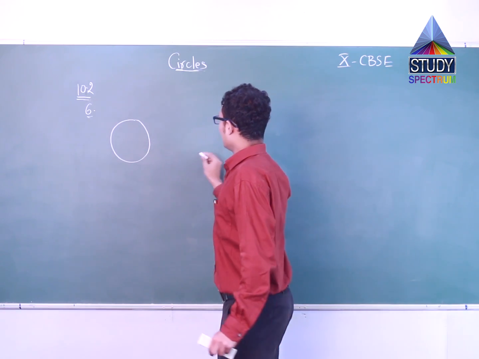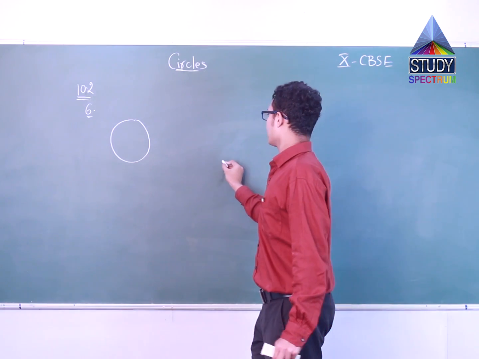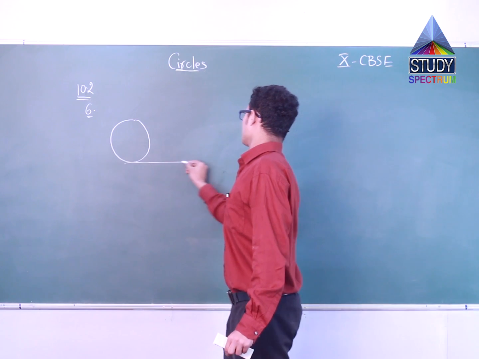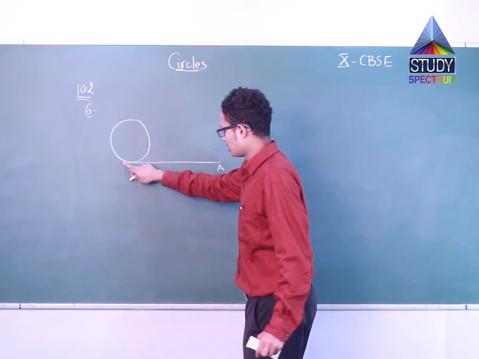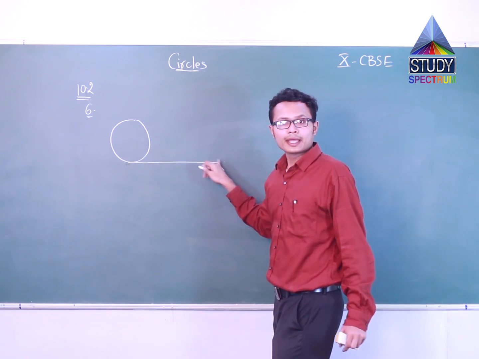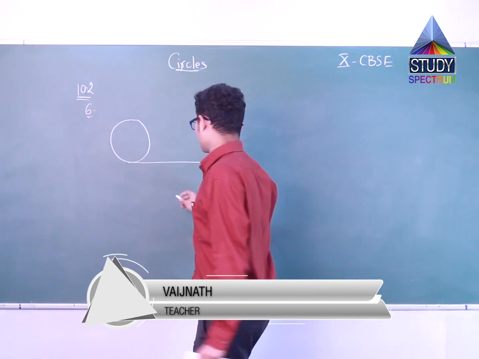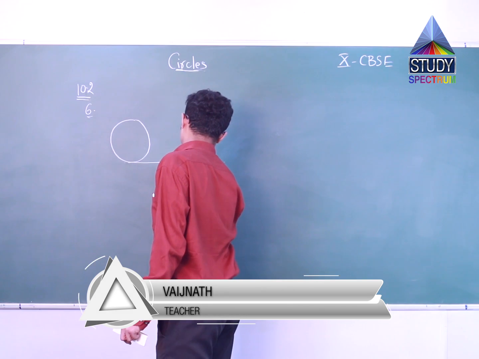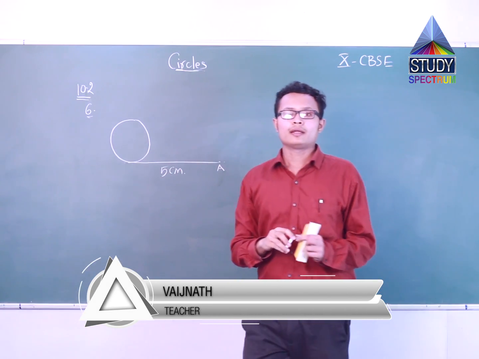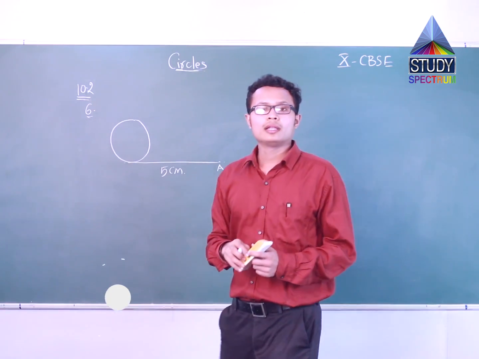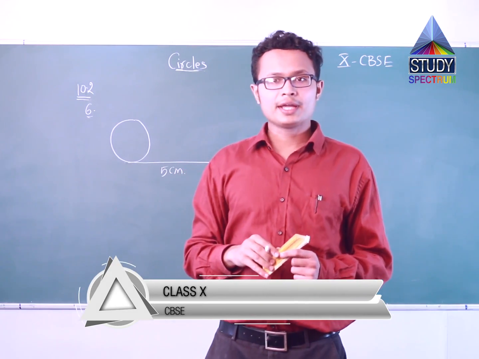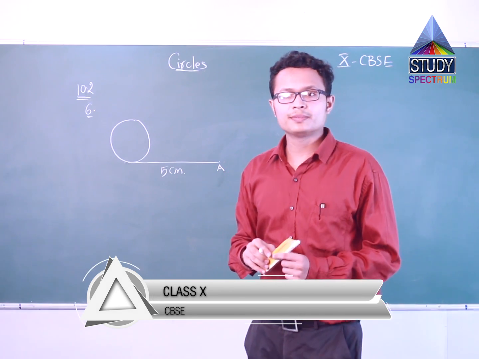Length of the tangent from point A, if this is the tangent and this is the point, length of this tangent from point A is 5 centimeters, at a distance of 5 centimeters from the center.